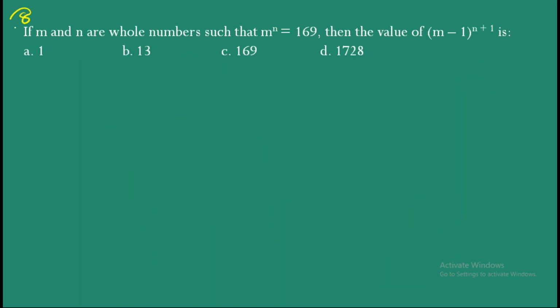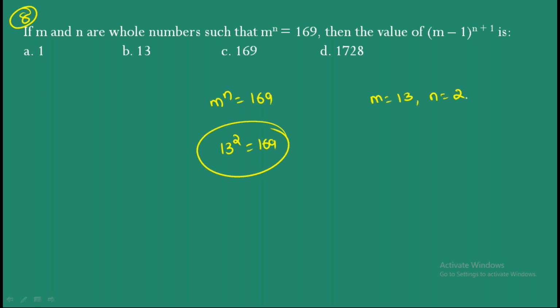Now see this next question. M power n is nothing but 1069. This is possible only with 13 square. So we can say m value 13, n value 2. That's the first situation.